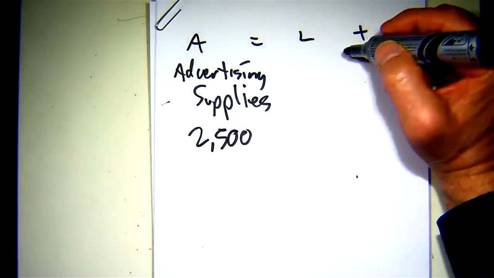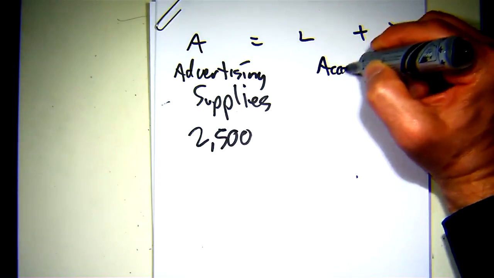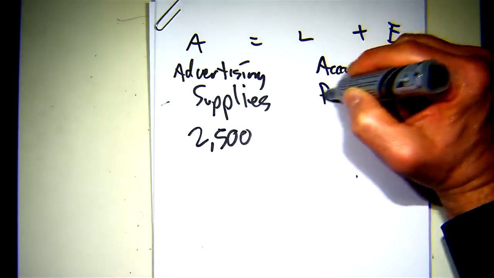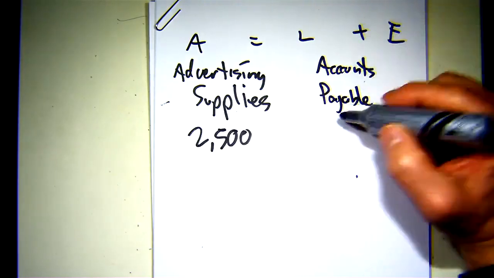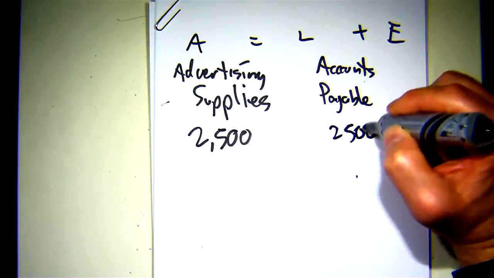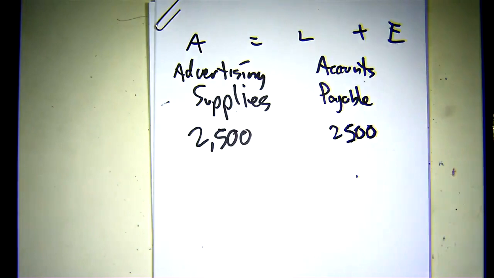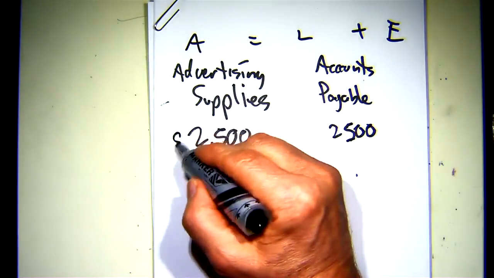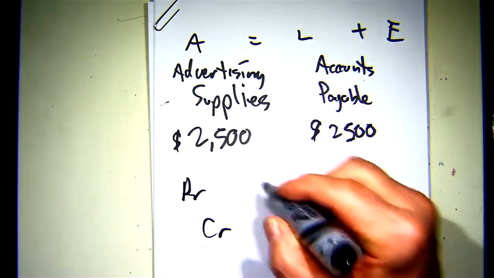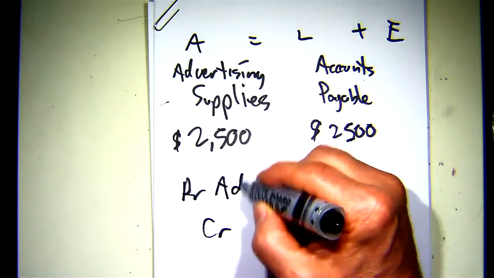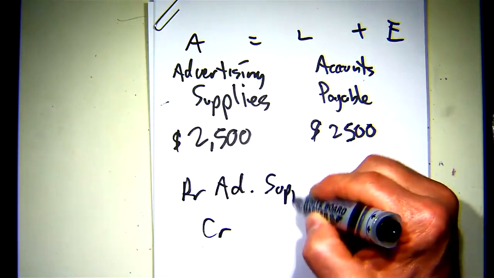And we didn't pay cash for it, so we'll recognise an accounts payable. So this is a fairly common accounts payable. This is a liability. And I'll call it add supplies, is an asset.